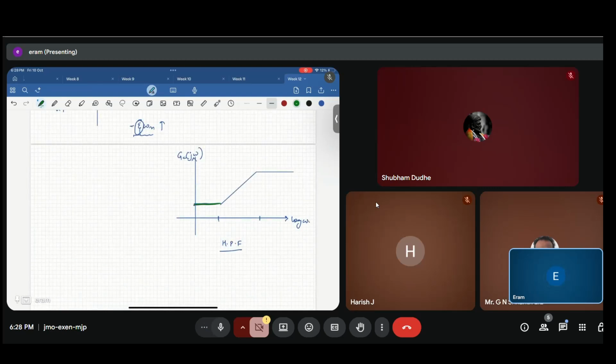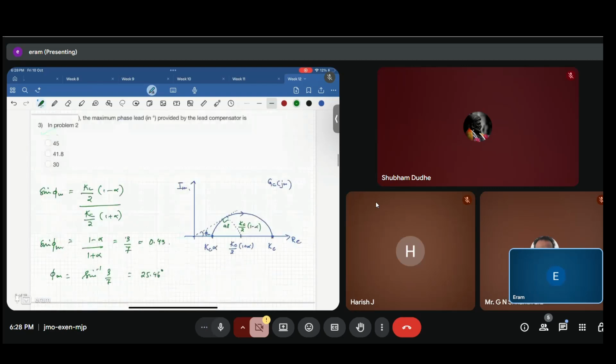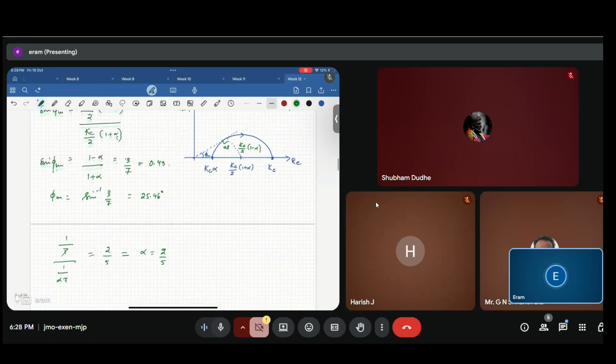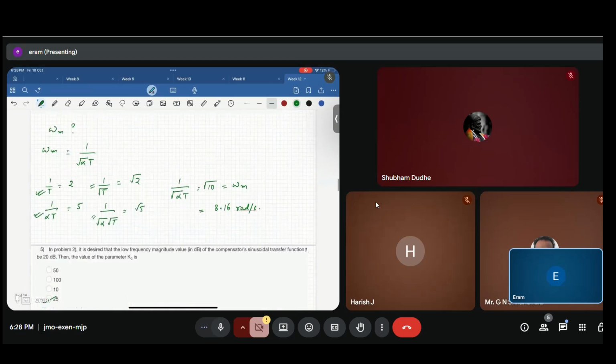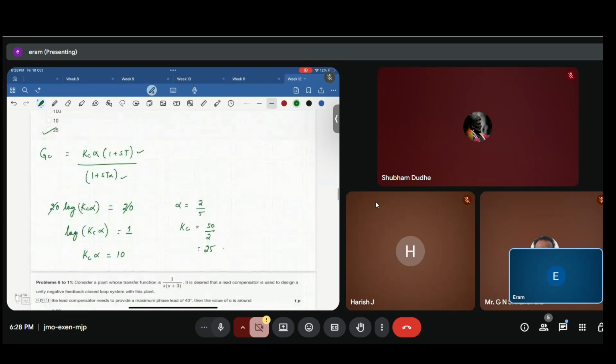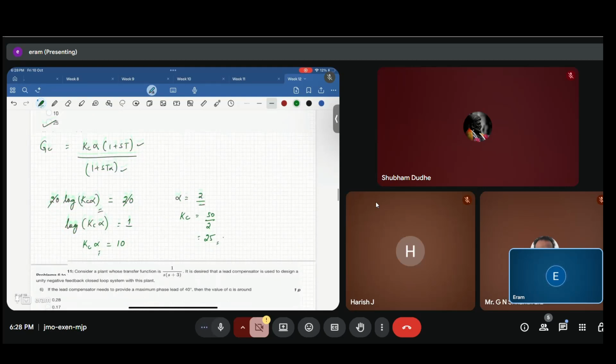So this magnitude is only provided by the constant gain of the transfer function. Using that we have calculated the low frequency magnitude, and then we had the value of alpha, so Kc is easily calculated.